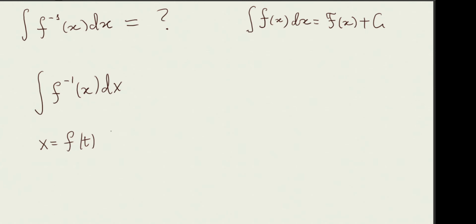But let's see whether we can proceed here. So dx is going to be f prime of t dt. And then the integral becomes, when I plug in f of t instead of x, f inverse of f of t, it's just going to be t. And here we'll basically write f prime of t dt.